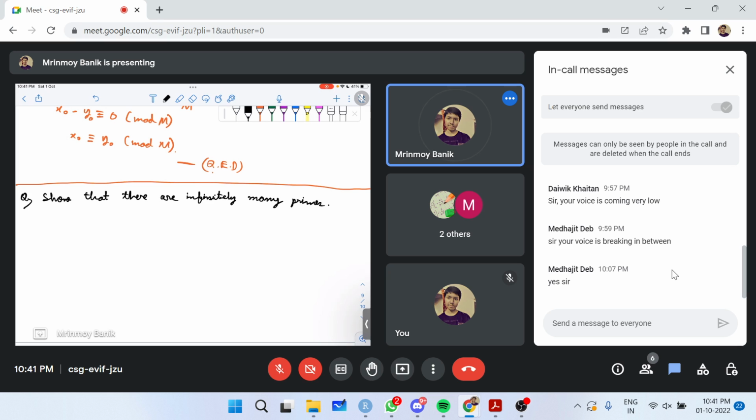The sequence of prime numbers doesn't have an upper bound. There is nothing called the last prime number, beyond which we don't find any prime numbers. So any idea how to prove such things?